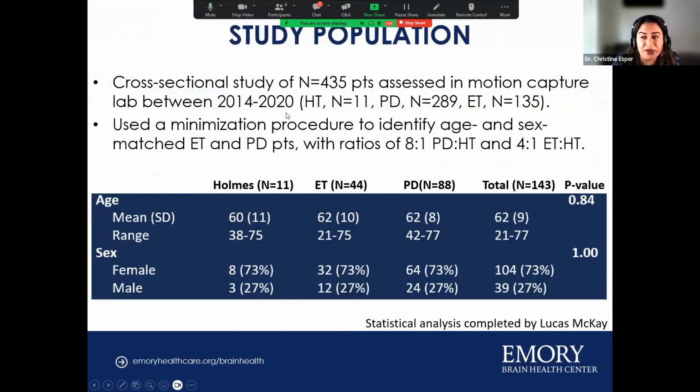As I mentioned, it's a rare tremor, only 11 cases. But we did have the Parkinson's disease patients, 289, and essential tremor, 135, as comparisons. Here is the breakdown of the patients in terms of age and gender, and as you can see, we age and sex matched them to the essential tremor and Parkinson's disease patients.